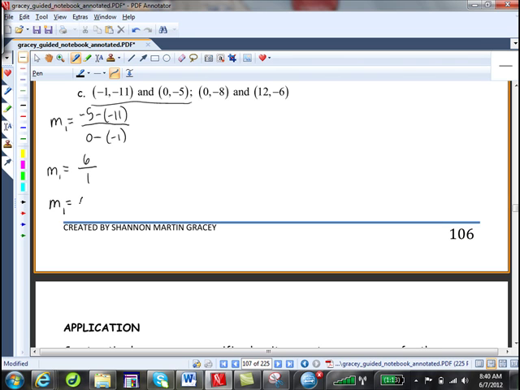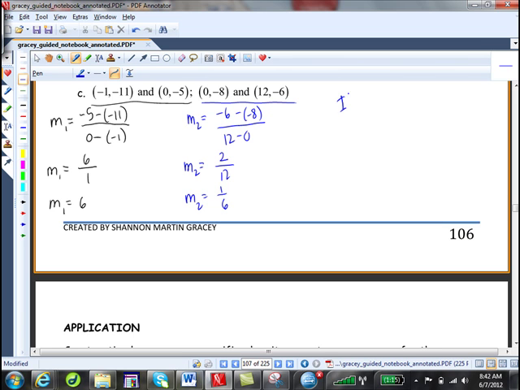So M1 equals 6. For the second set of points, we'll have M2 equal to negative 6 minus negative 8 over 12 minus 0. So M2 will be positive 2 over 12, and we'll get a result of positive 1/6.